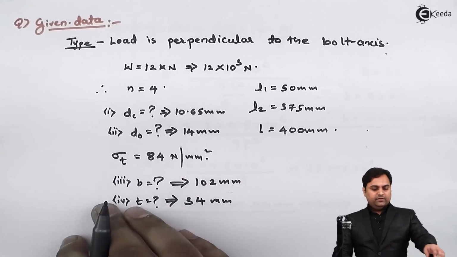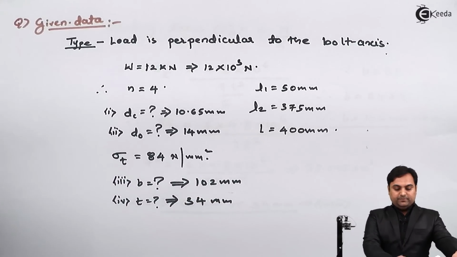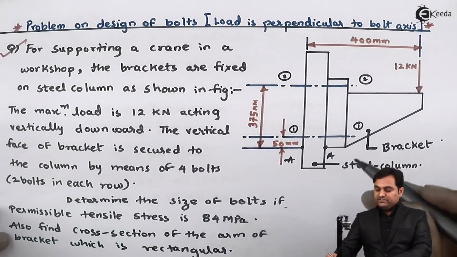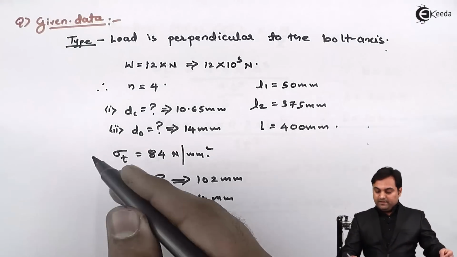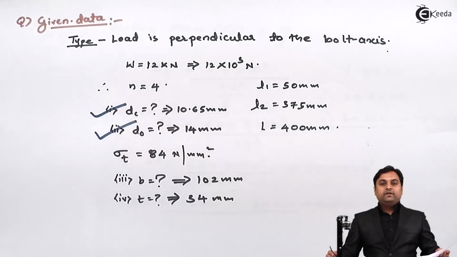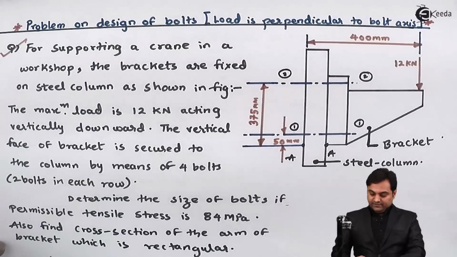It means here for the bracket which was given, we have designed the size of the bolts by DC and DO.